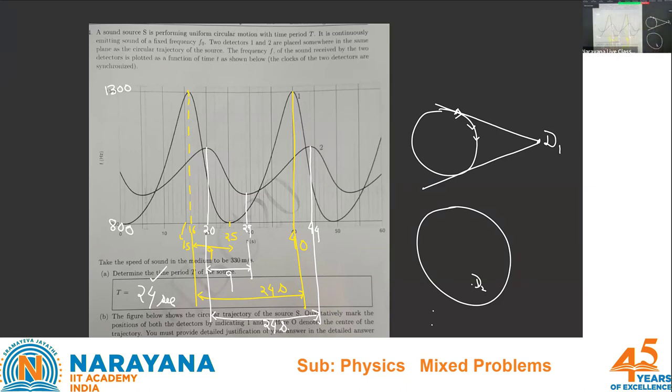The other's max and min are different. This information in itself is sufficient to judge. How come? Let me try to write the expression of F max and F min for the person who's outside and the person who's inside. So just keep this page as such. I'll come back to it. Let me try to derive a result first.